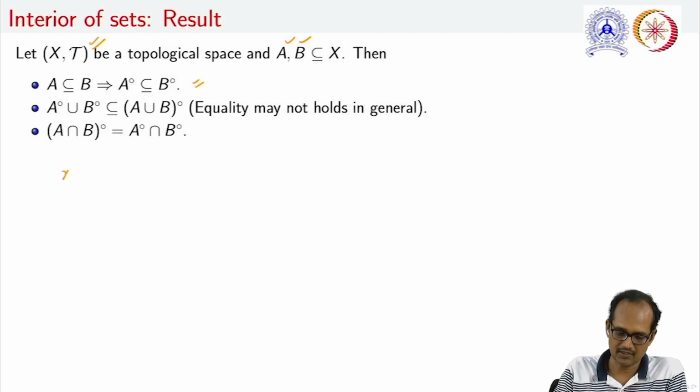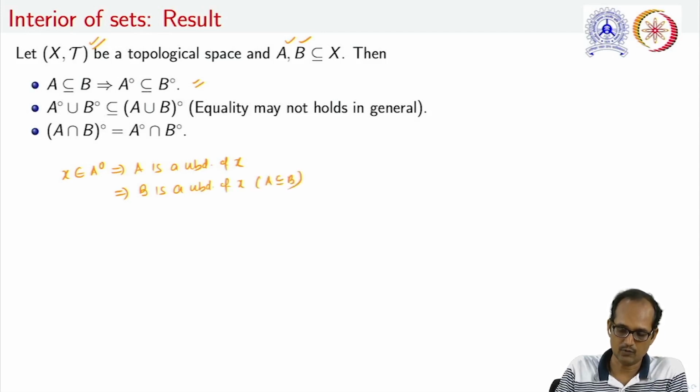If we take X belonging to A interior, it means that A is a neighborhood of X, because we have already seen the characterization. It means that B is also a neighborhood of X because B is a superset of A, and therefore X belongs to B interior. So that's all about the first one.